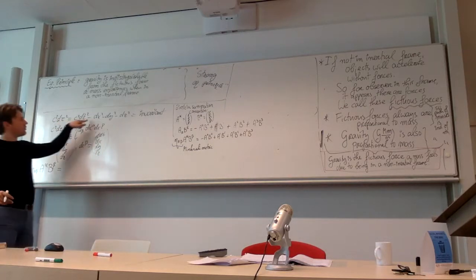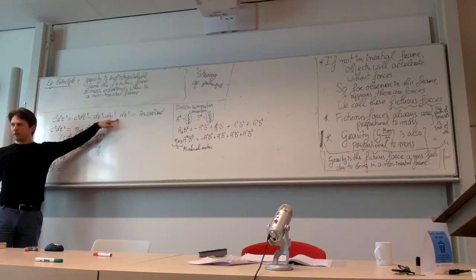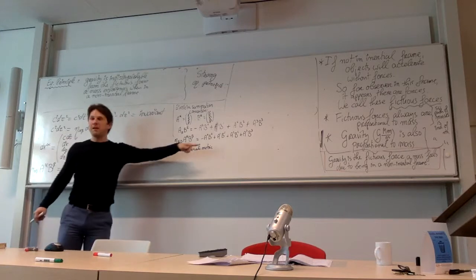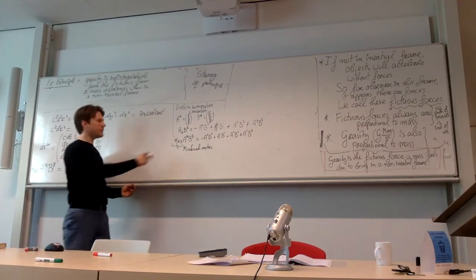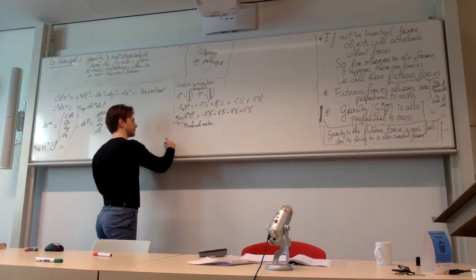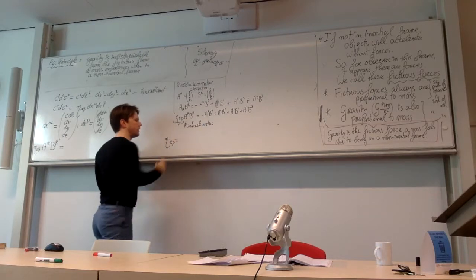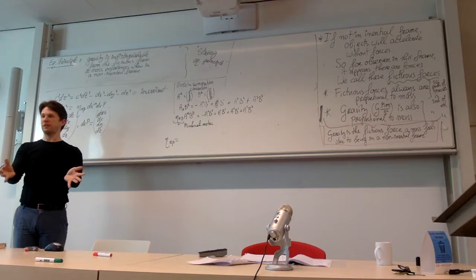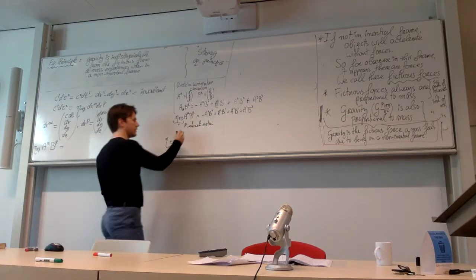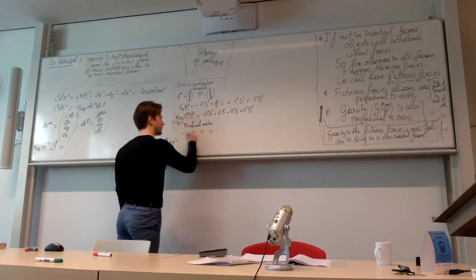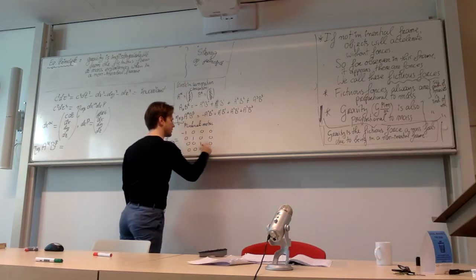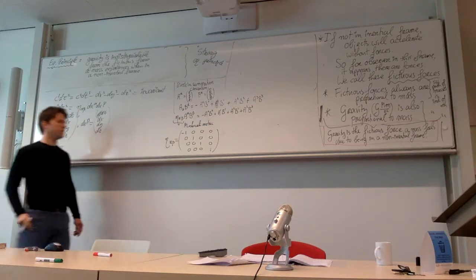Keeping track of that minus sign, we call the Minkowski metric. Now what is this thing? It's a 4x4 matrix with numbers in it. This is the Minkowski metric.